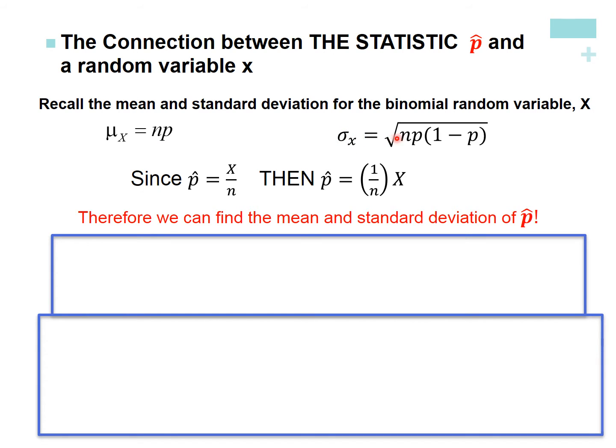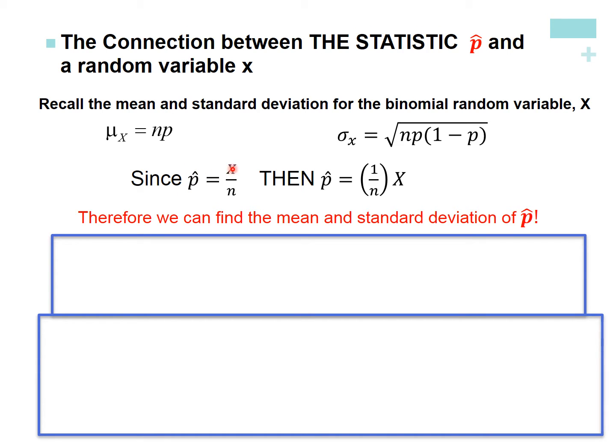The standard deviation of your random variable is going to be the square root of the sample size times p, which is your population proportion, basically your successes, times 1 minus p, which is your population failures, or your q value. So really, if p is 0.4, so you have 40% successes, 1 minus p is going to be 0.6, or 60% failures.